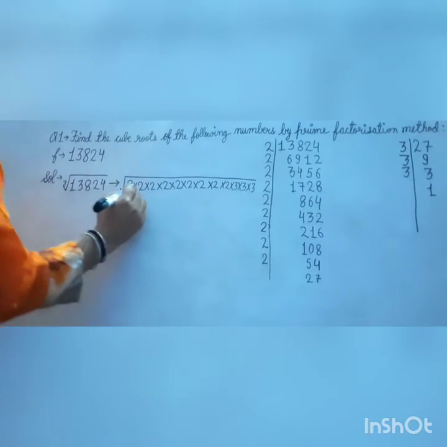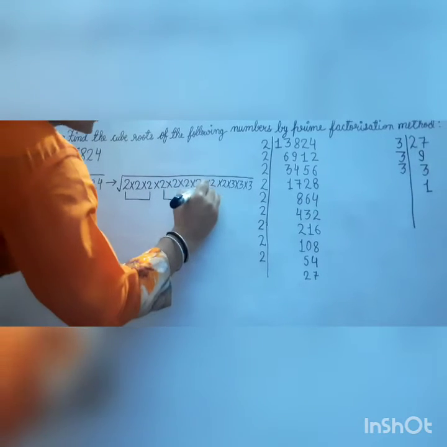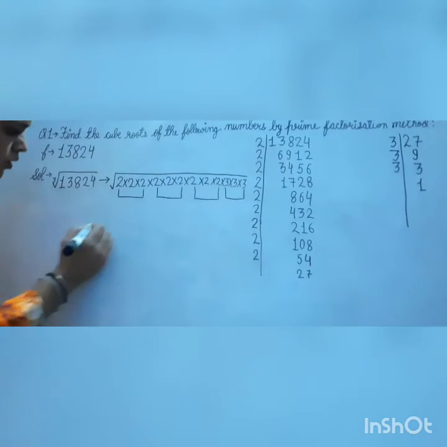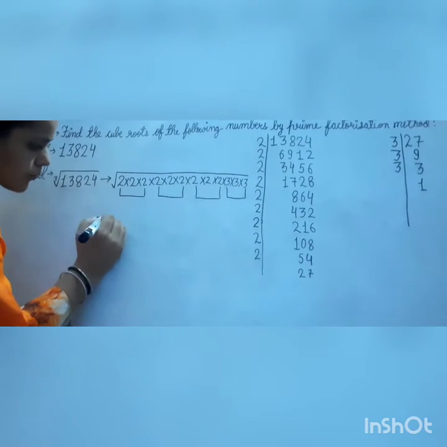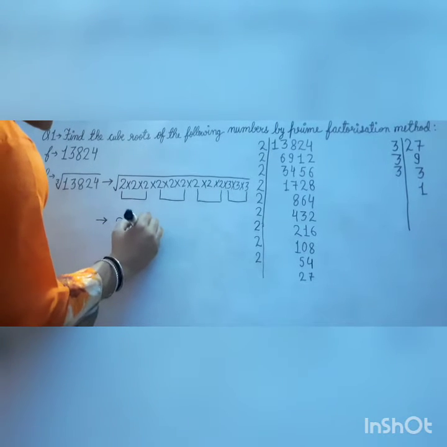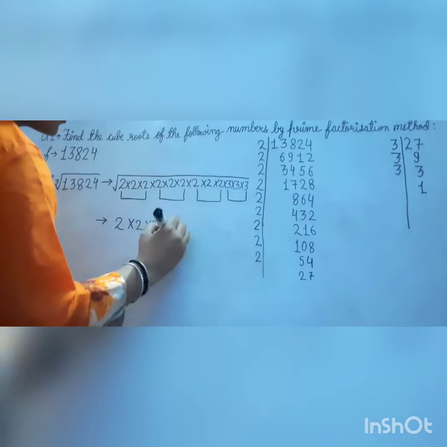Now you can see that these three 2s are forming a triplet, these three 2s are forming a triplet, these three 2s are forming a triplet, and these three 3s are forming a triplet. 2 multiply 2 multiply 2 multiply 3.